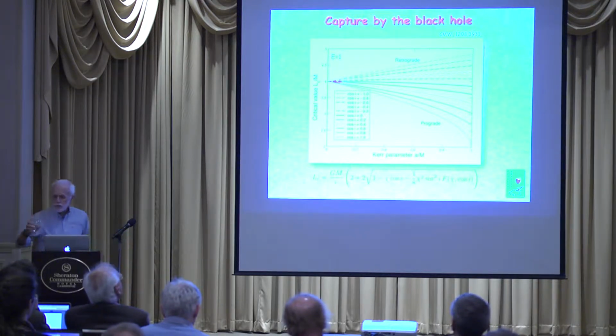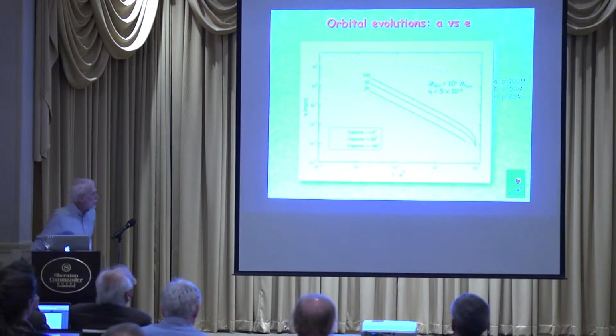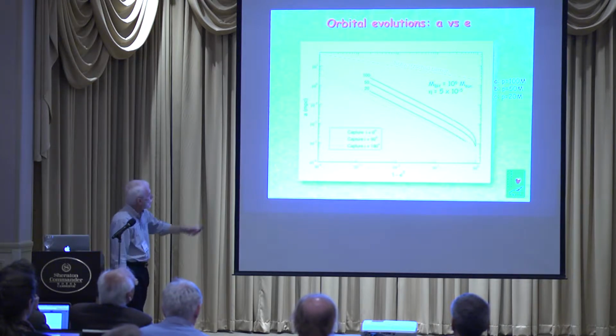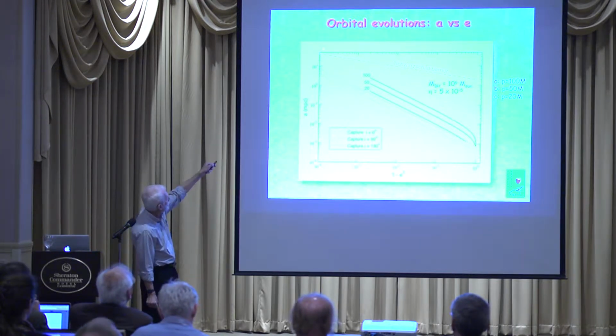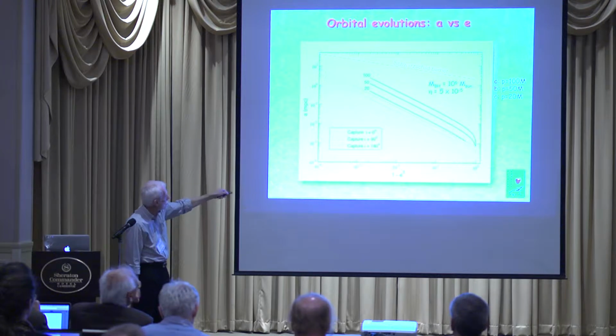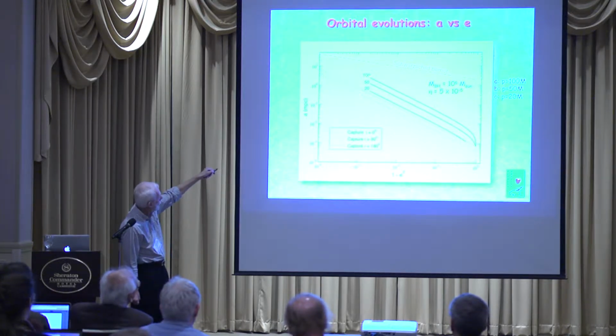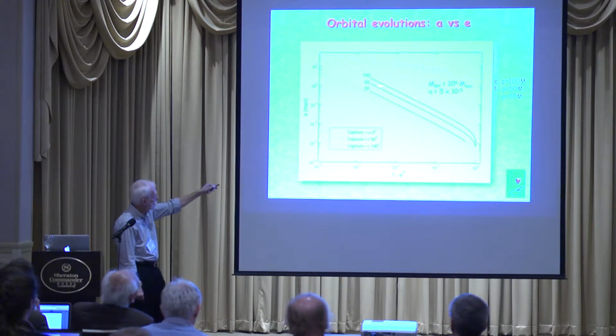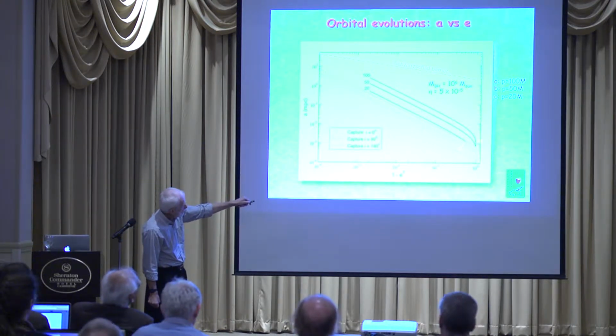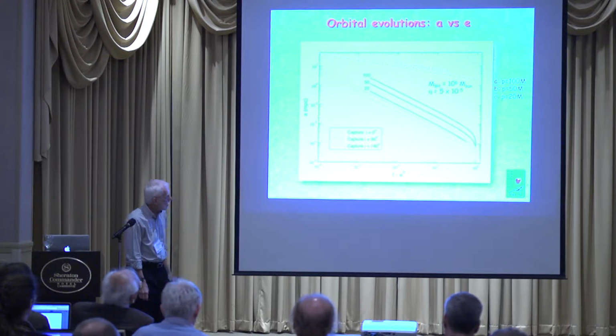So combining those evolutions with this capture condition, one can evolve orbits on this same phase space diagram of semi-major axis versus eccentricity, or 1 minus eccentricity. Here are two orbits injected at various initial values of the semilatus rectum in units of the black hole mass, and with eccentricities of about 0.999. And then they evolve, and in the late stage, evolve toward the final capture.